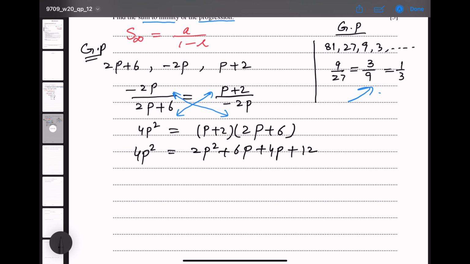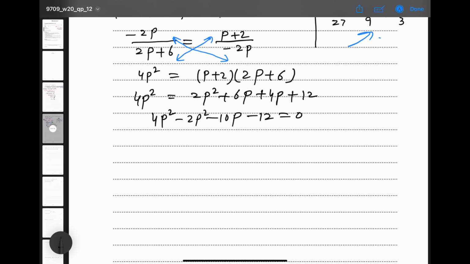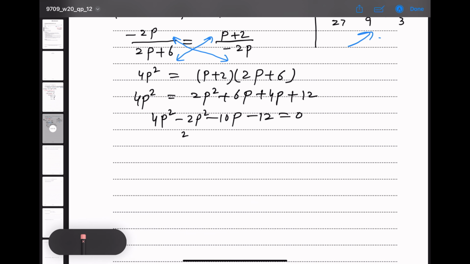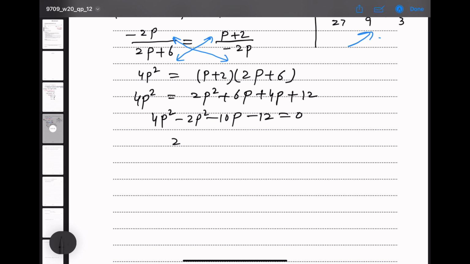Rearranging it, we get 4p square minus 2p square minus 10p minus 12 is equal to 0. This becomes 2p square minus 10p minus 12 is equal to 0.